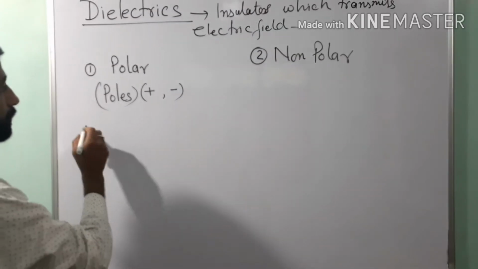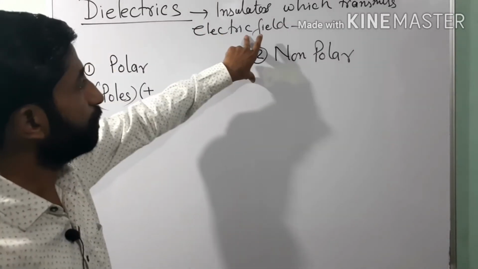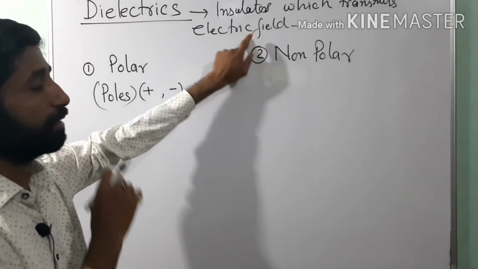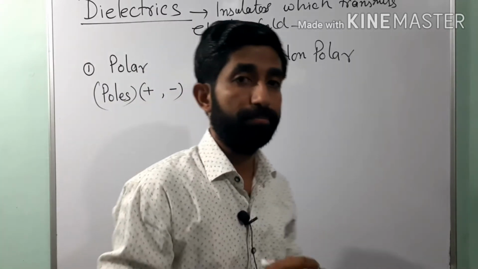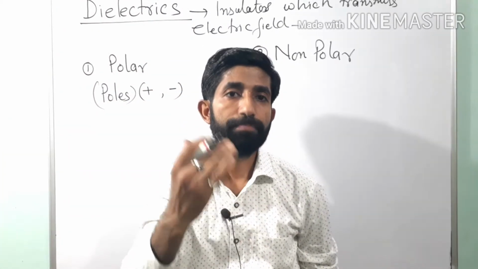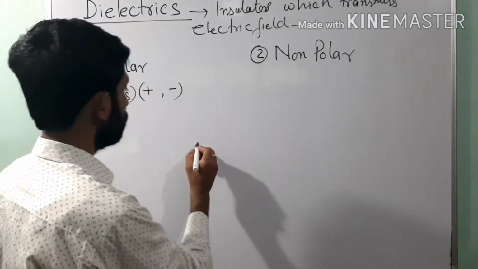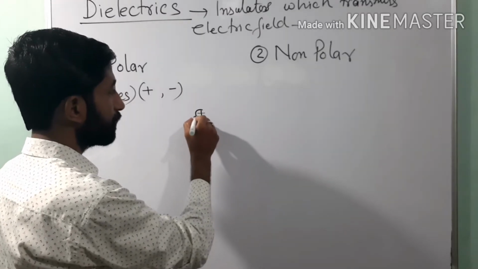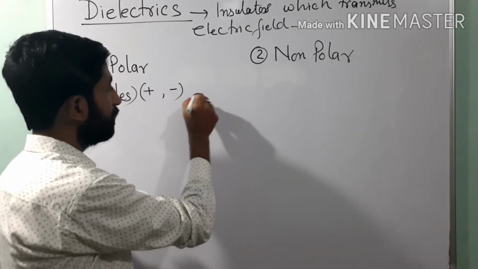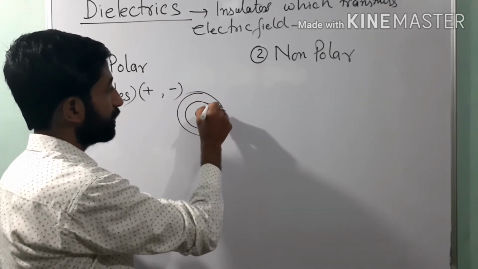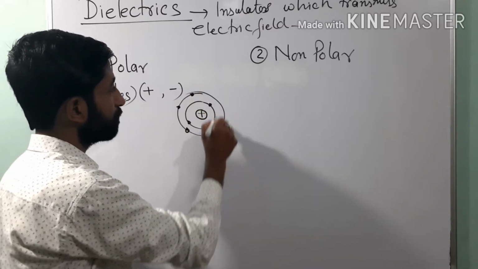Before going into polar and non-polar, we shall discuss the center of charges in a single atom, not even a molecule. An atom has a positive core that is called the nucleus. Agree? This nucleus is surrounded by different orbits, and these orbits consist of a number of electrons.